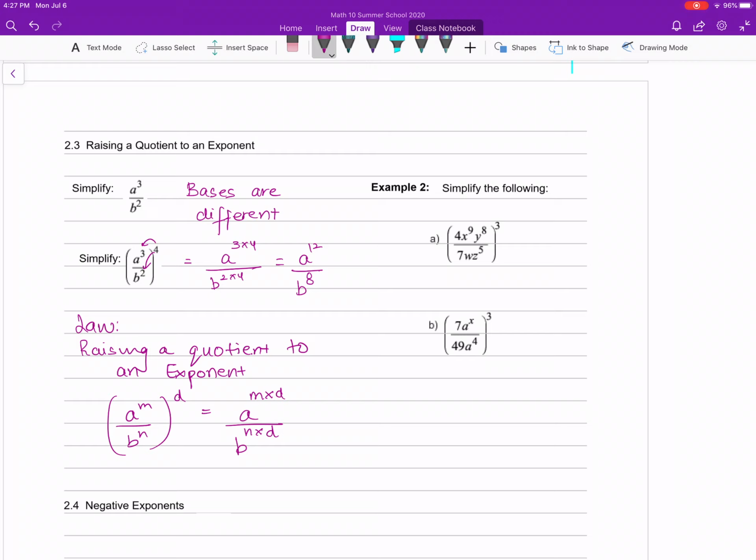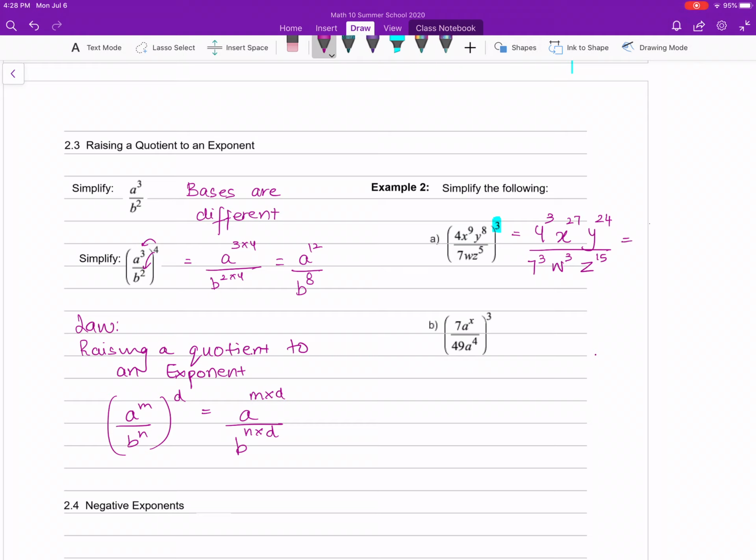So I have an exponent which is 3 up on the top, and I'm going to simplify the following expression. Let's distribute the exponent to all the terms inside the bracket, which gives me 4 cubed, x to the 9 times 3 is 27, y to the 8 times 3 is 24, divided by 7 cubed, w cubed, and z to the 3 times 5 is 15.